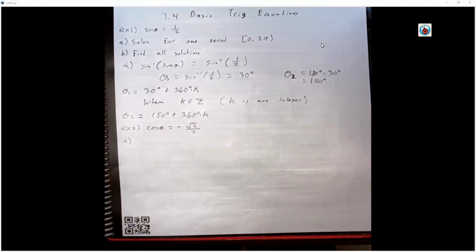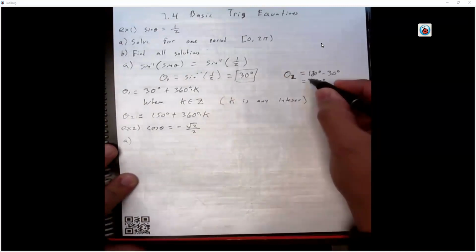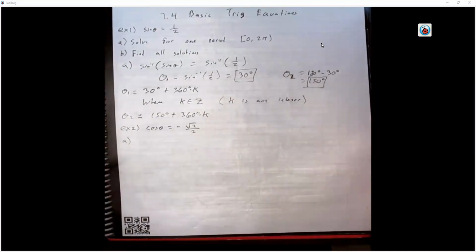I have a question. What's up? So then what was the one period that we saw? One period solution is just these two. So since I only go once around, that would be k equal to 0. You put 360 because of 2 pi? Yeah.